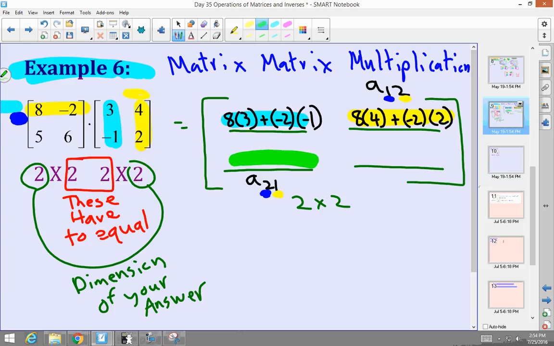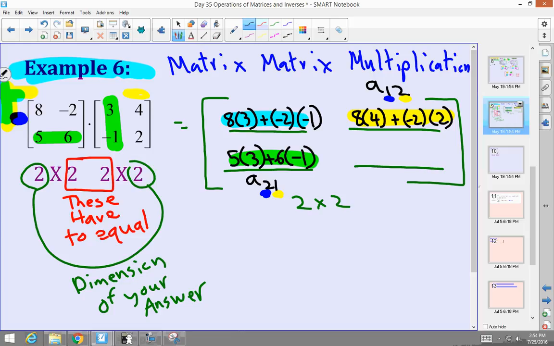I need row 2 from the front, but column 1 from the top. Let's leave the blue out for a second. I'm going to remove the blues, remove the yellows. We're just looking here. Row 2 of the first guy, column 1 of the second guy. So when I match that up, I get 5 times 3 plus 6 times negative 1.